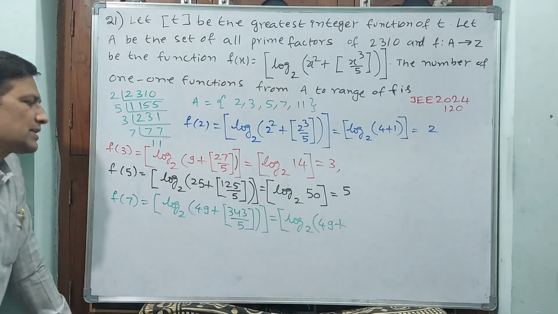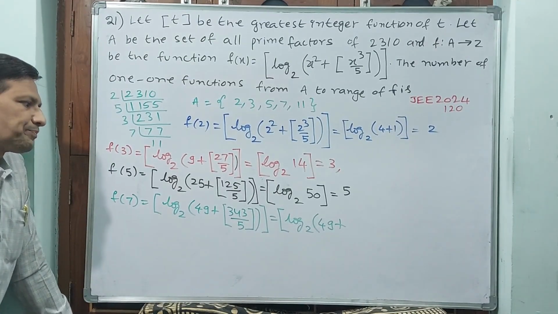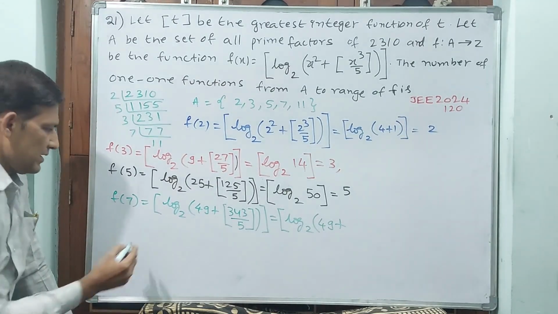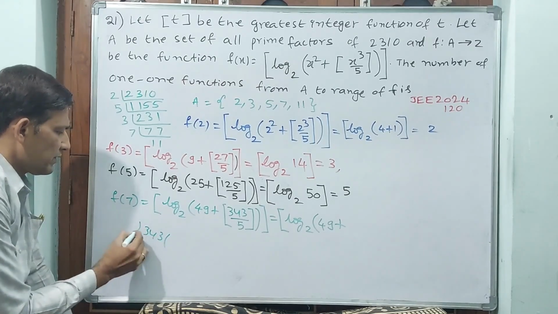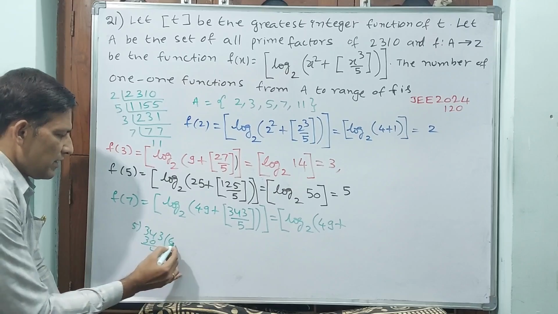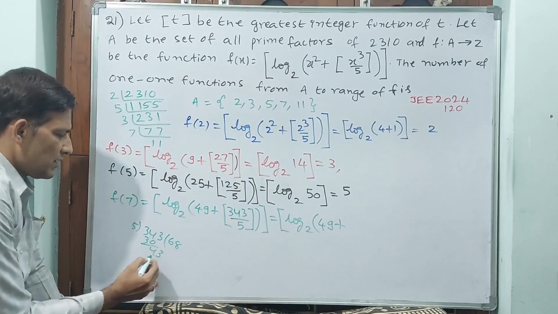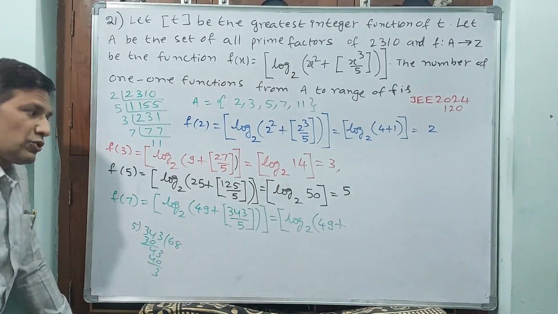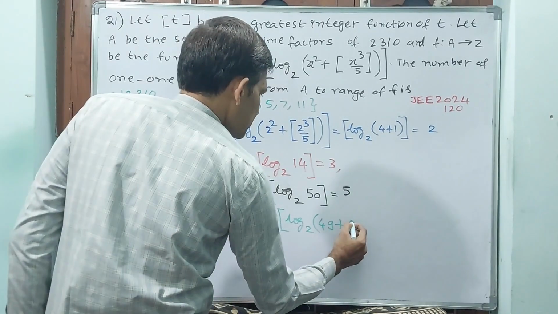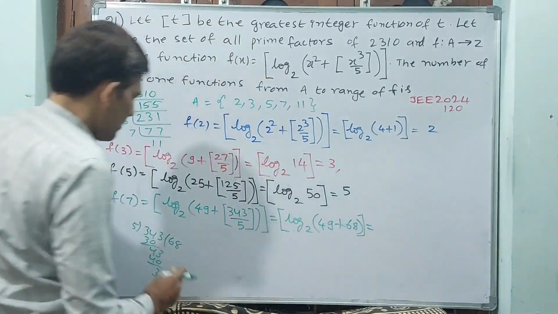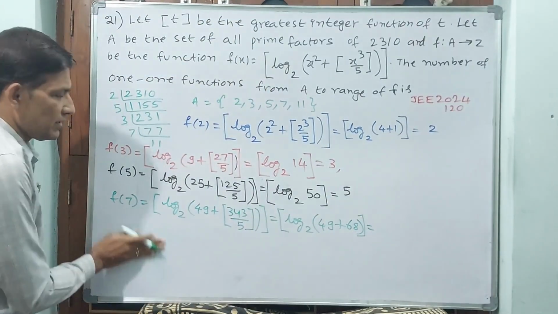Now you tell me, see, 350 means 70. 340 means what will come with 5? 5 6s are 30, 43. 5 8s are 43. 68 point something. But you take 68 only, because we are taking the greatest integer.